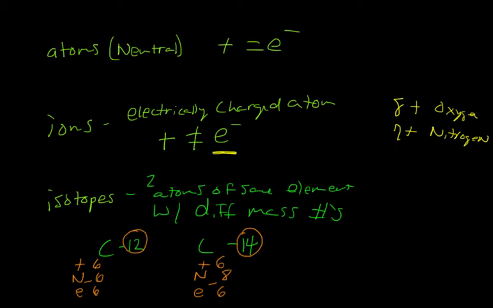Going back up to ions, let's do a quick example. An ion example would be normal calcium and calcium plus 2. If we do the protons, neutrons, and electrons for calcium, calcium has 20 protons, so it's got 20 electrons.